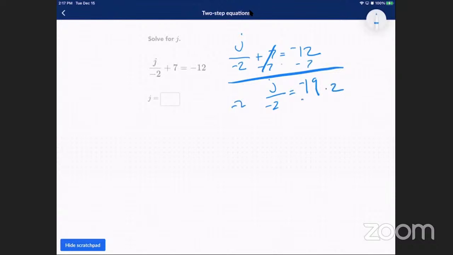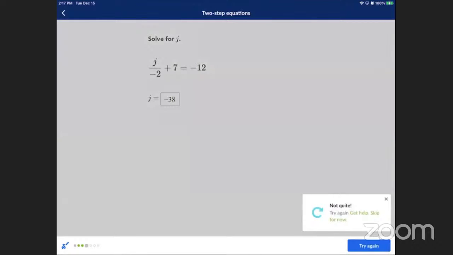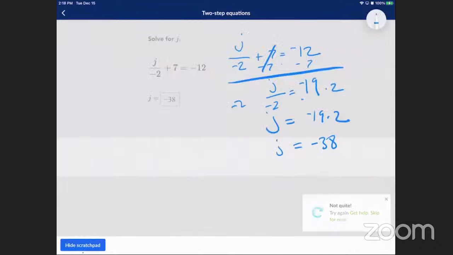Multiply 2 on both sides, which would leave us with just j by itself, and this would be 19 times 2, which is 38. Yeah, negative 38. No, no, no, no.